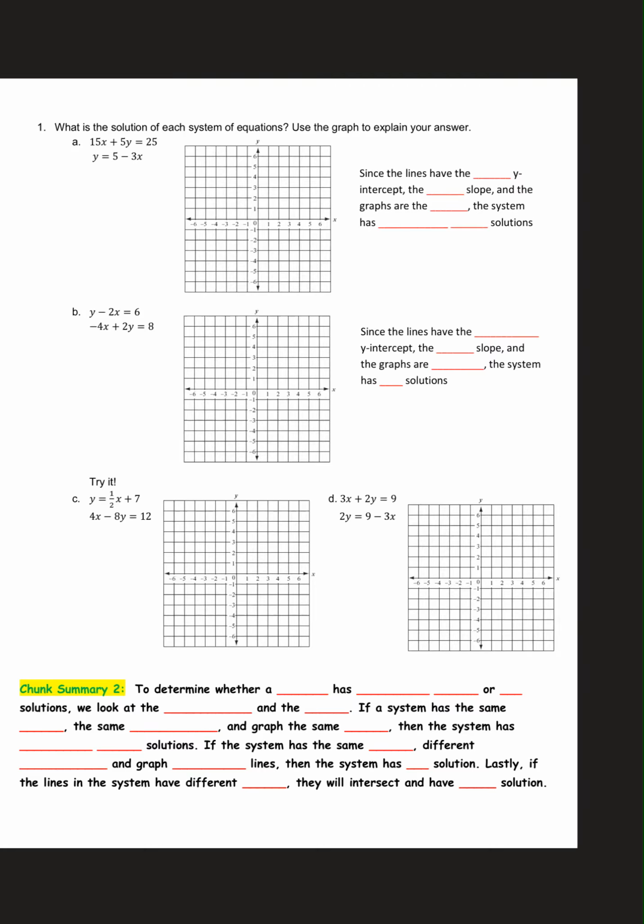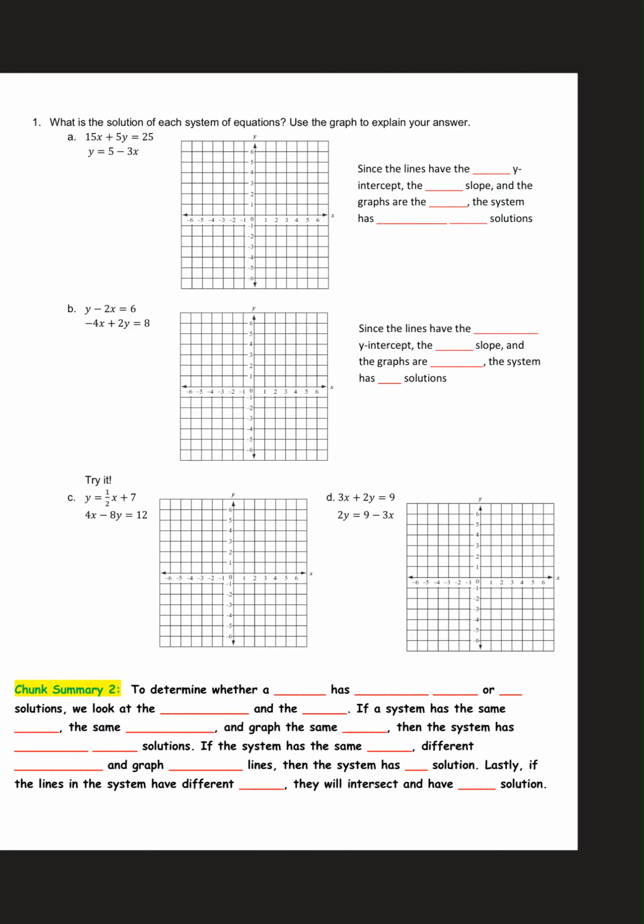So on the back here, we have: what is the solution of each system of equations? Use the graph to explain your answer. Our first system is 15x plus 5y equals 25. What we're going to do is convert this into slope-intercept form. Remember, slope-intercept form is y equals mx plus b.